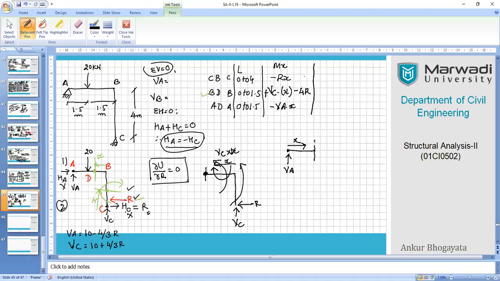Otherwise, we could have considered all these three forces, like 20 kilonewton would have come here, then R would have been there, and VC would have been there, if you continue to go in this direction and finally reach here. So instead of doing it, it is always customary to reduce the length of the equation for effective calculation.